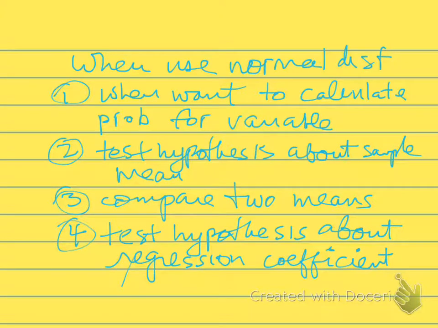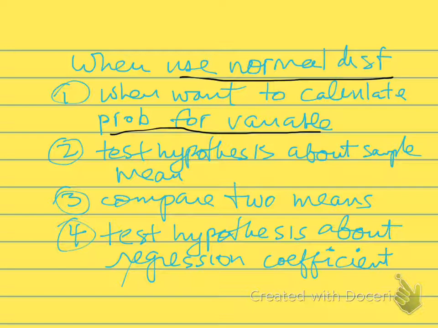Let's talk about 4 uses of the normal distribution in econometrics and statistics. We can use the normal distribution when we want to calculate the probability of a random variable falling in a certain range if we know that the variable is distributed following the normal distribution.